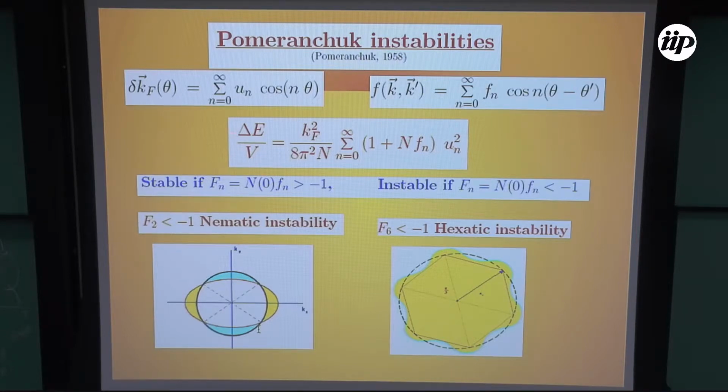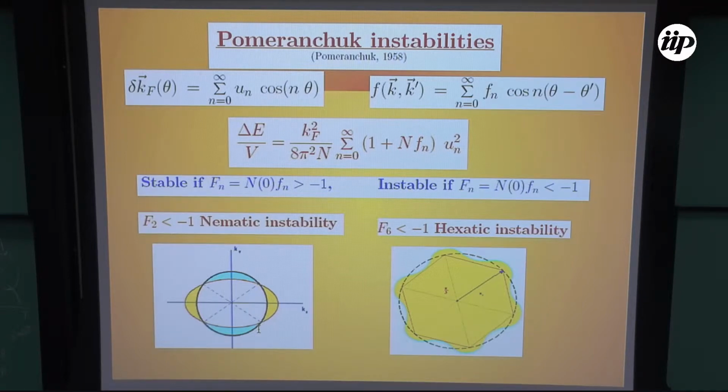If you compute the energy that you need to deform the Fermi surface using Landau Fermi liquid theory, you will see that it's essentially a bunch of harmonic oscillators. The energy that you need to pay, depending on the channel of the deformation, has the form of harmonic oscillators, where the frequency has to do with the interactions. These F are the Landau parameters that codify the interactions in the system.